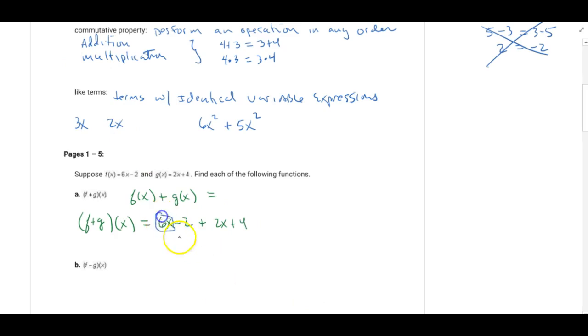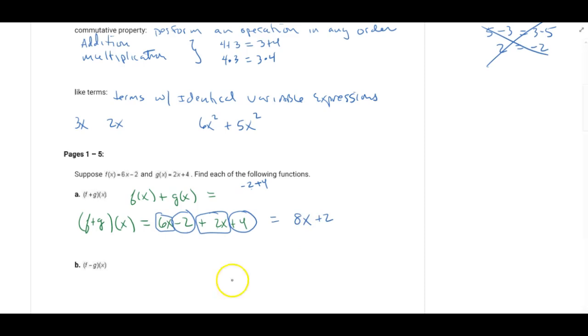So, 6x and 2x go together, negative 2 and 4 go together. So when I simplify this, it would be 6x plus 2x is going to give me 8x. And I always take the sign to the left. So this would be negative 2 plus 4, different sign, so I subtract, and I take the sign I have more of, which is plus 2. So that would give me 8x plus 2.